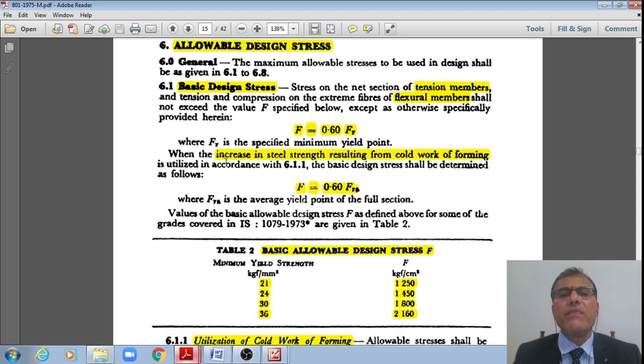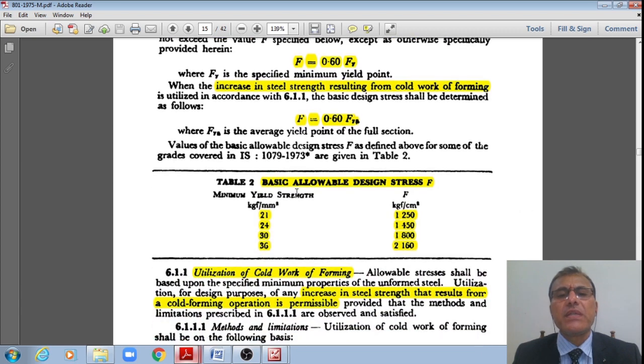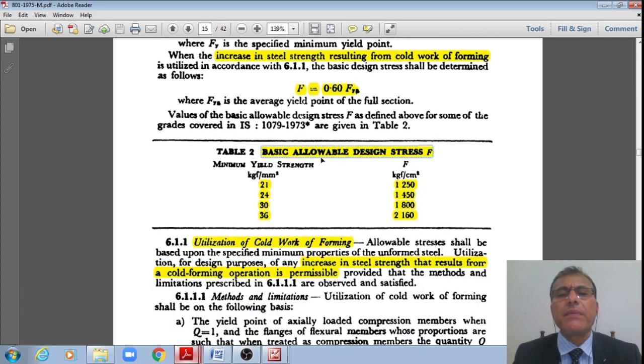And when the increase in steel strength resulting from cold work forming is utilized in accordance with 6.1.1, the basic design stress shall be once again given by F is equal to 0.6 Fya, where Fya is the average yield point of the full section, right? And this is how the different basic allowable yield stresses for different grades. 4 grades you already saw, right?